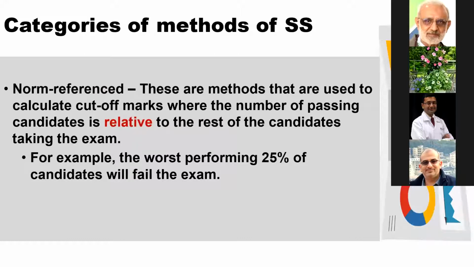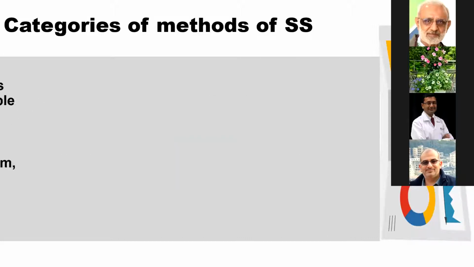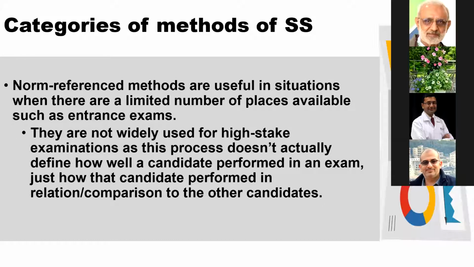This means in this method, the students' performance is compared within the peer group. Norm referenced methods are useful in situations when there are a limited number of places available, such as entrance exams or competitions.